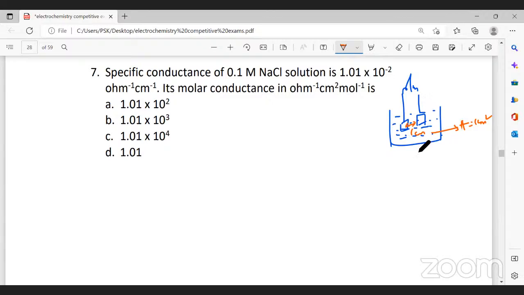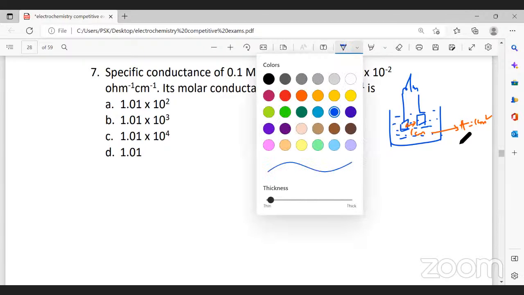The conductivity of 1 molar solution overall will be called molar conductance. Now, this is an important question. What happens to specific conductance on dilution? What happens to molar conductance on dilution?